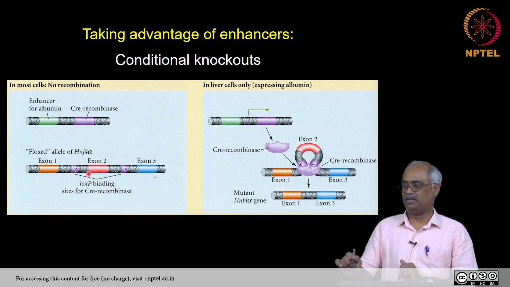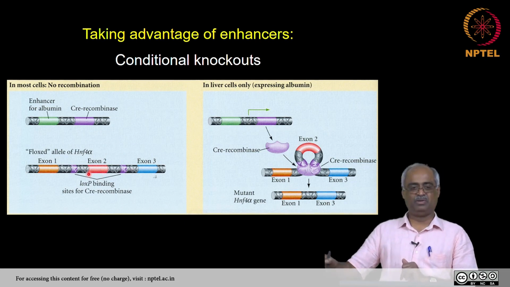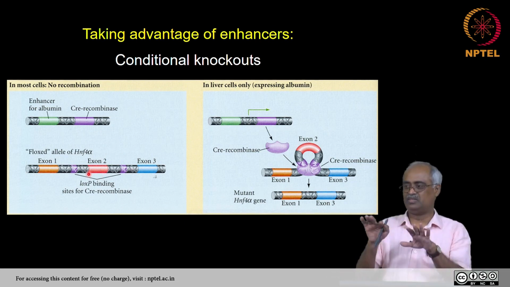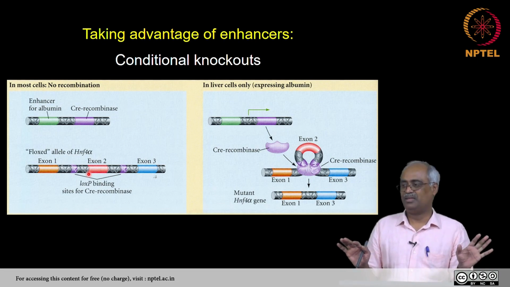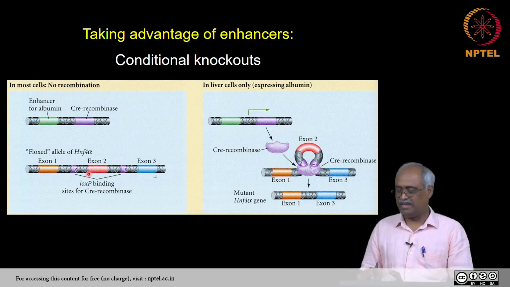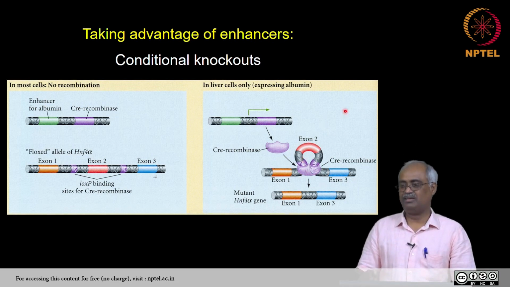So, this is a line, a mouse strain. This sequence is there in the genome of all the cells. We already know genome equivalence, and that does not matter. Only in the liver where you have the Cre recombinase, the LOXP site will be recognized and it will treat the region in between like the bacteriophage genome and excise it out, and then you will not have exon 2.